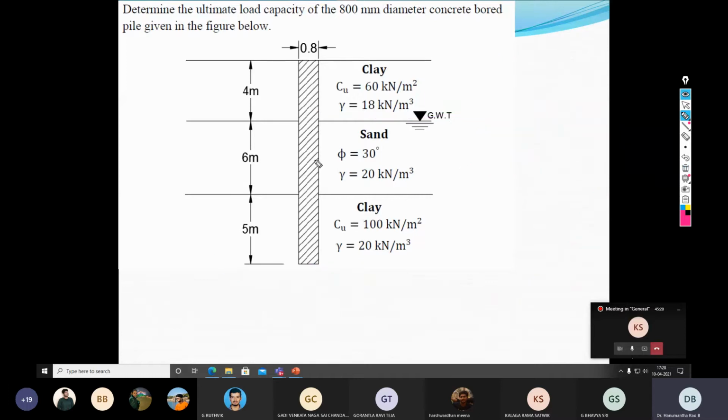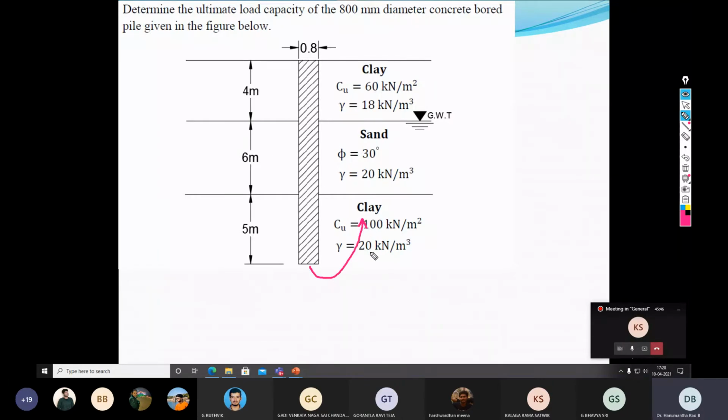Now in this case, as everybody thought, the tip is not resting directly on hard strata, so they may not be developing any point bearing resistance or end bearing. But just look, the pile tip is terminated in the clay layer.